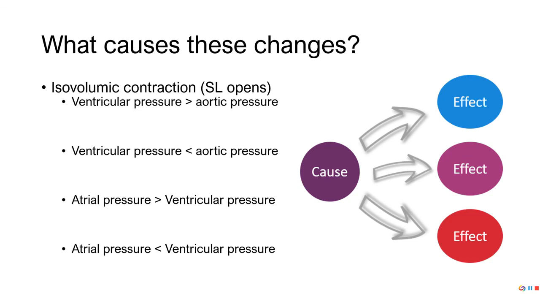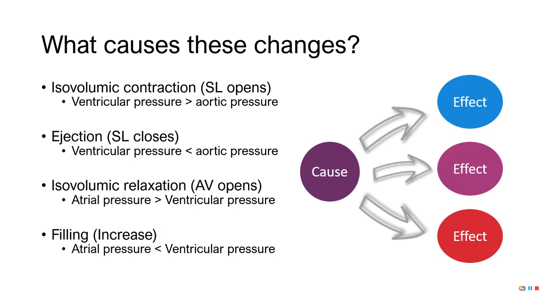So during isovolumic contraction, the semilunar valve opens because ventricular pressure exceeds aortic pressure. During ejection, ventricular pressure falls below aortic pressure, which allows that semilunar valve to close. During isovolumic relaxation, at the end of it, remember this is at the end of each of these phases, the AV valve opens because atrial pressure, due to the filling of the atrium, increases above ventricular pressure.